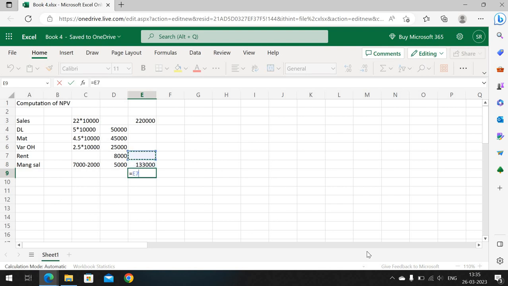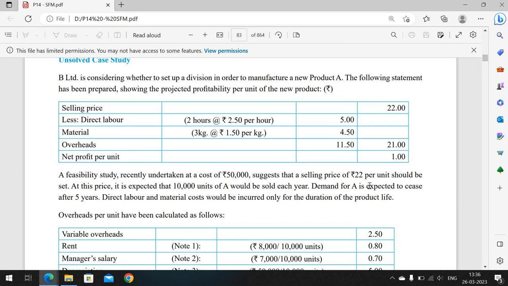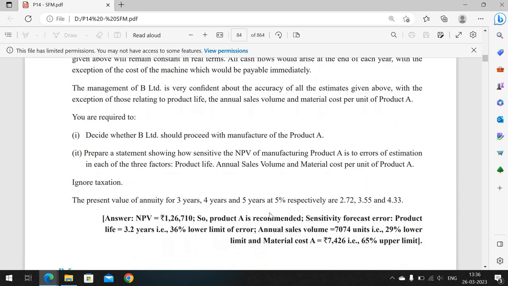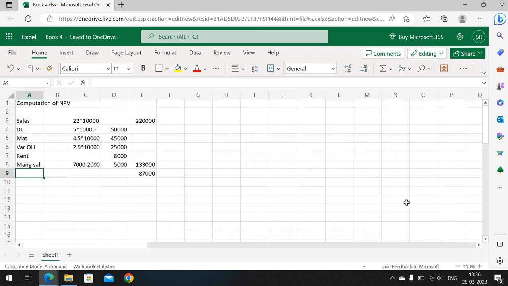So here total inflow is 87,000 per annum. This is for the period of 5 years. So we need to calculate discounting factor. That is, at the end of the years, for 5 years at 5%, they have given 4.33.